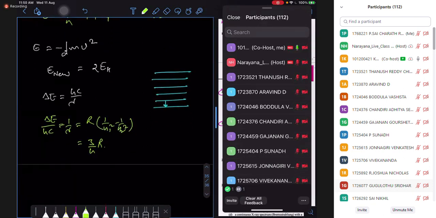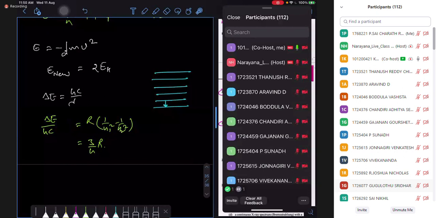Now compare the same thing here. If we compare the new model and the hydrogen model, everything is the same, but I'm getting this factor: the energy of the new model is double that of my hydrogen model. So R for the new model is also going to be double, because ultimately they are equal, no?